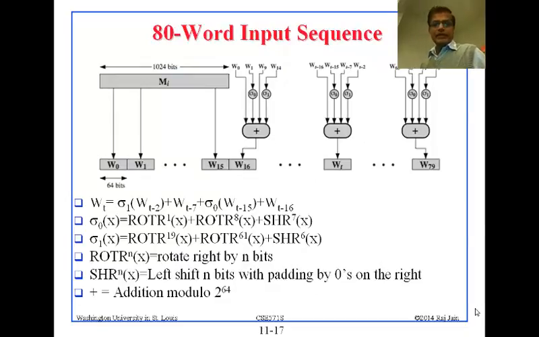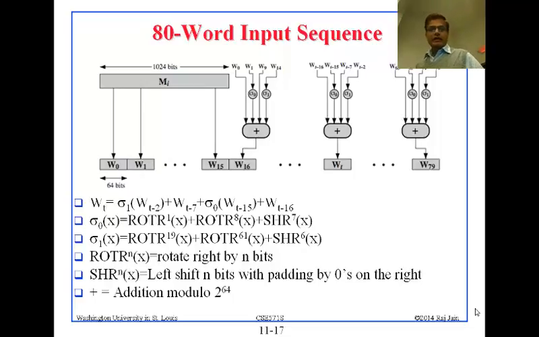And a little bit more. You see these plus signs, and before that there is a sigma 0 and sigma 1. So you take word 0, word 1, word 9, word 14. Words 1 and 14 go through sigma 0 and sigma 1, and then they are added.